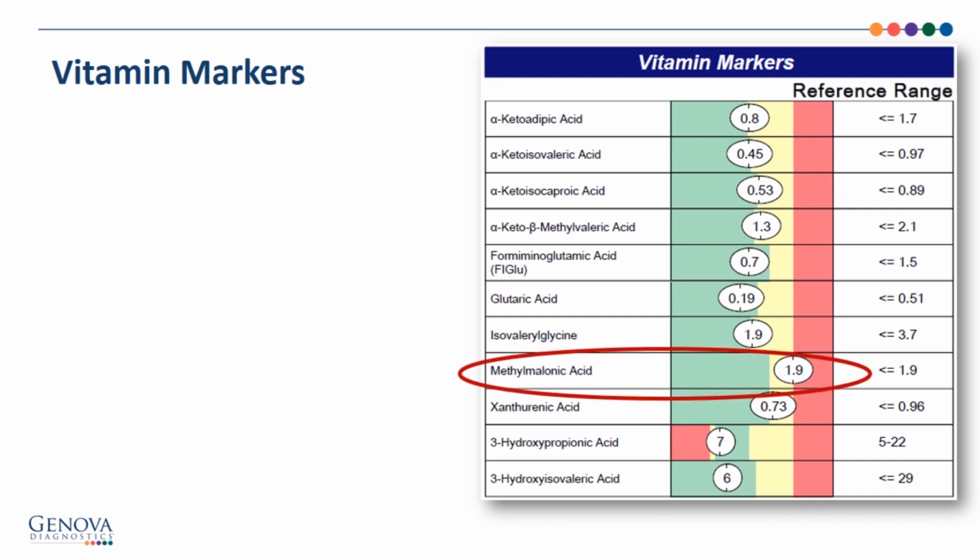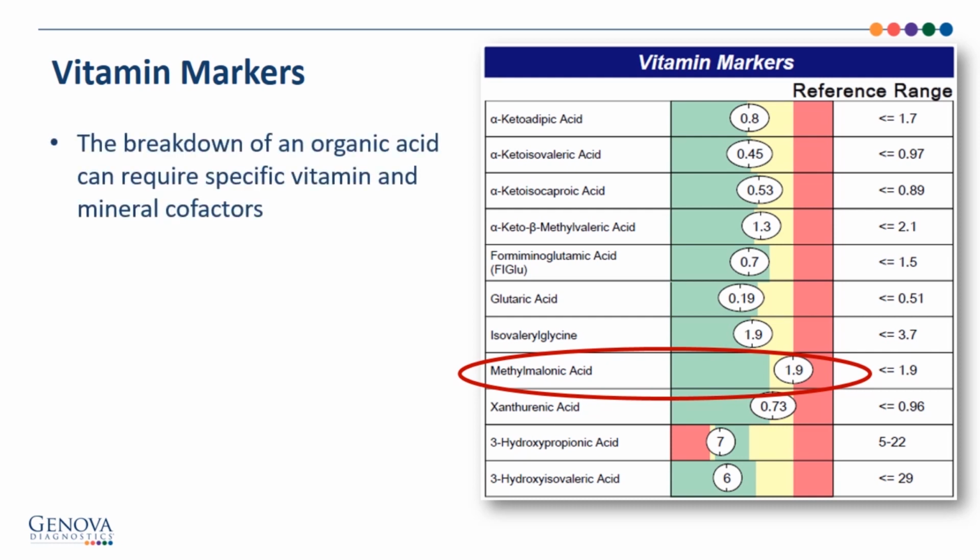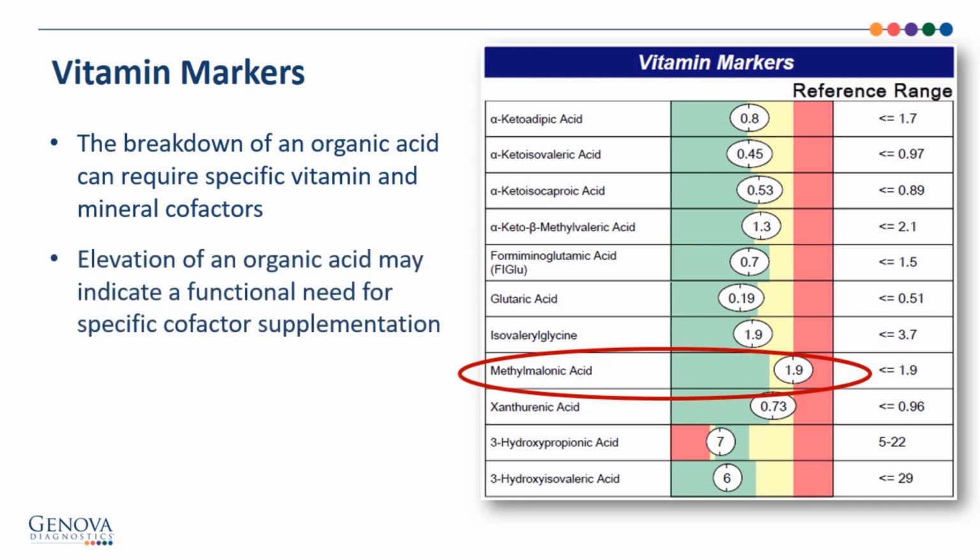You see the methylmalonic acid somewhat elevated. So you have this organic acid. The breakdown of that organic acid requires specific vitamin and mineral cofactors. The elevation of an organic acid may indicate a functional need for specific cofactor supplementation.